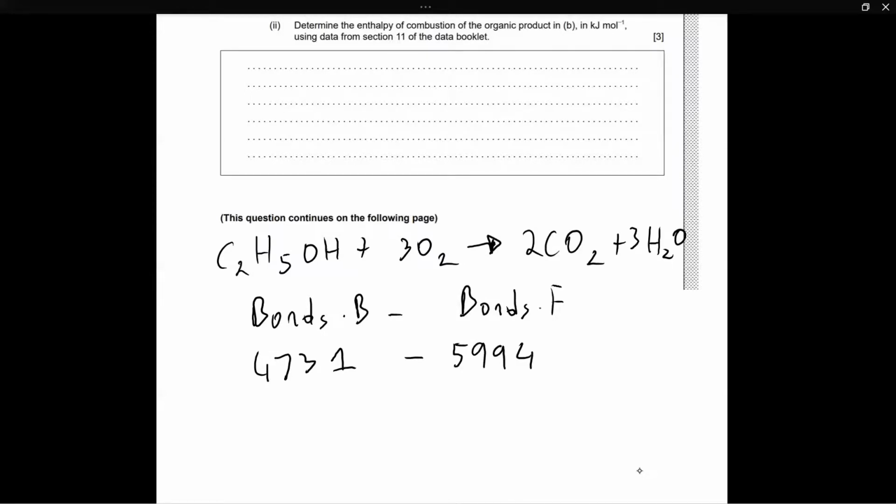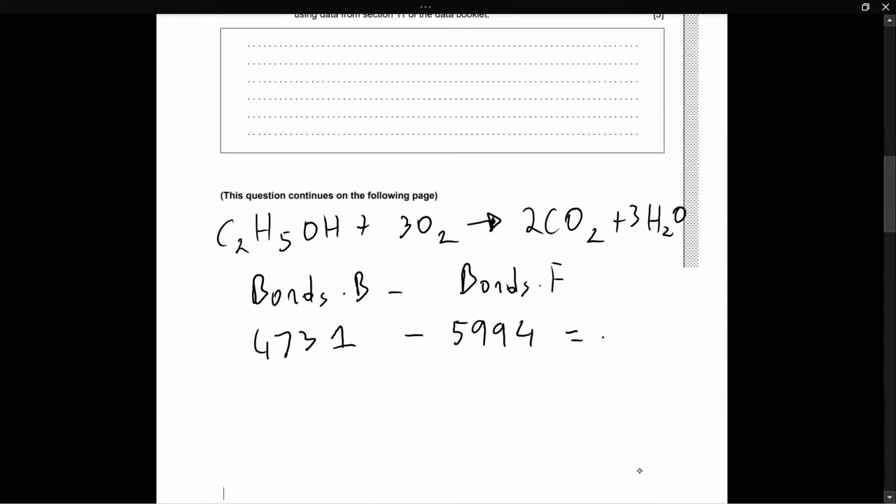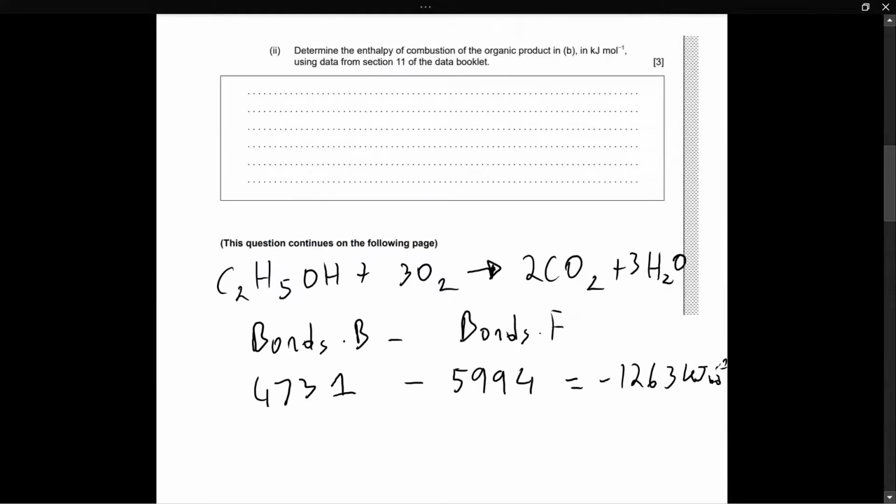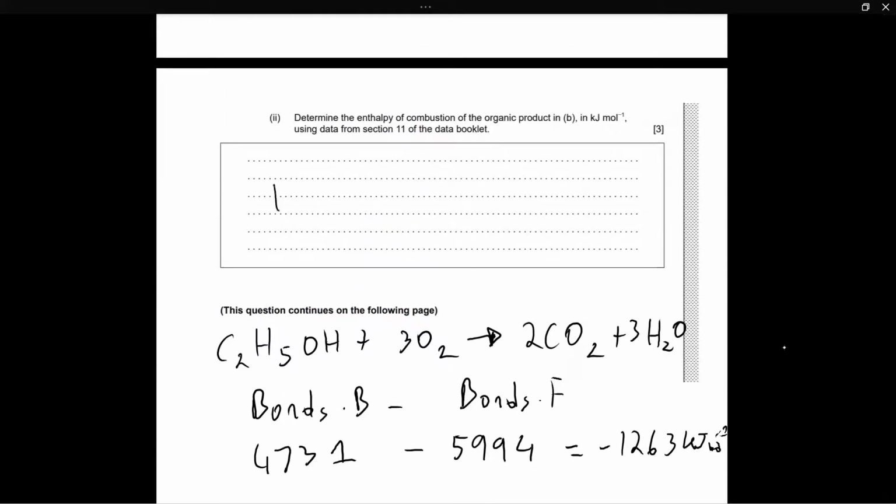So that is the enthalpy for the bonds formed. Now we subtract these and you get an answer of negative 1,263 kilojoules per mole. So that is your final answer.